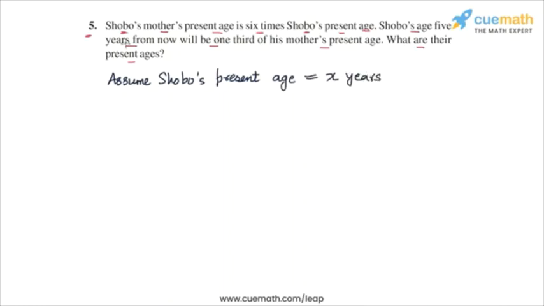Now in terms of x, we can also write Shobo's mother's present age, which is 6 times Shobo's present age. So the mother's present age will be 6 times x, so this will be 6x years. Alright, now Shobo's age 5 years from now will be 1/3 of his mother's present age.